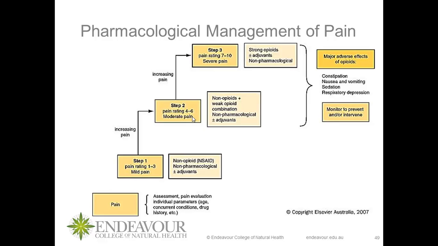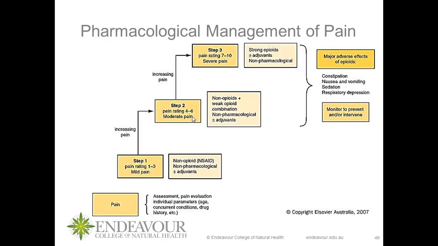We'll still keep using non-opioids, but perhaps the weak opioids, those that have a low potency, such as codeine, where we can use it in combination with non-steroidal anti-inflammatories, but definitely still in combination with non-pharmacological means of management of that pain, so complementary therapies, lifestyle management factors and so on, but also with adjuvants.